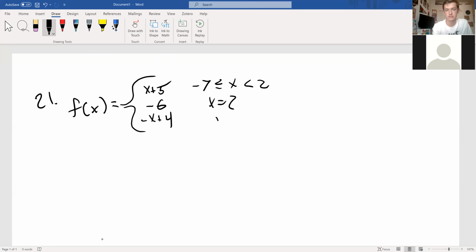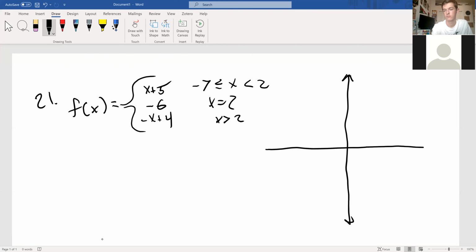And then x is greater than 2. All right, and then here is my graph. One, two, three, four.